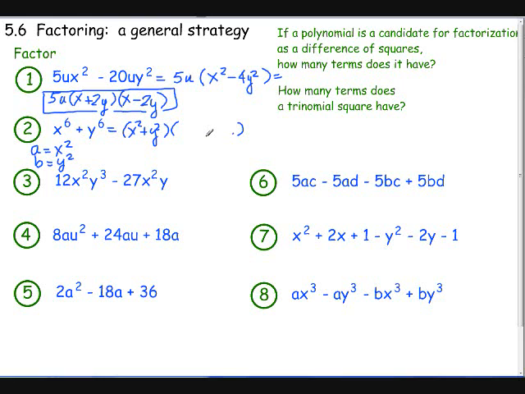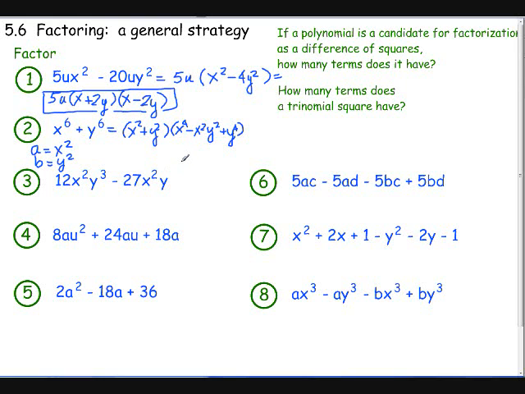And over here, x to the fourth, I know I've got that. And y to the fourth, I know I've got that. And I know this is positive, and this is negative. And it's going to be x squared y squared.